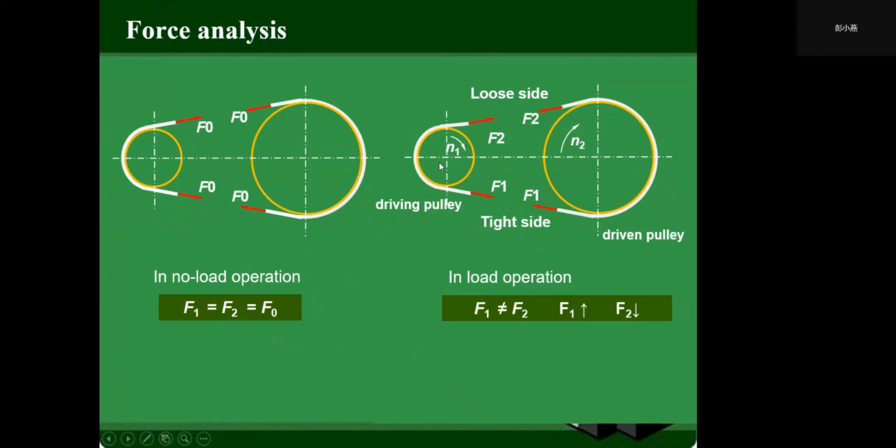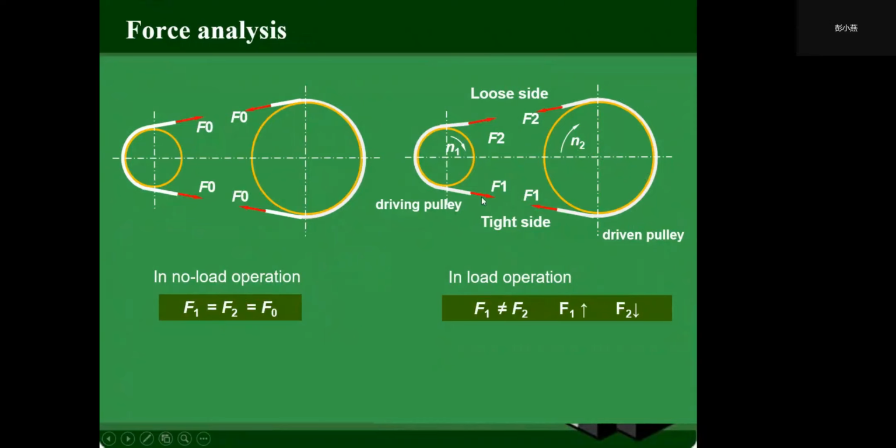The driving pulley applies frictional force in clockwise direction, and the driven pulley applies frictional force in anti-clockwise direction.